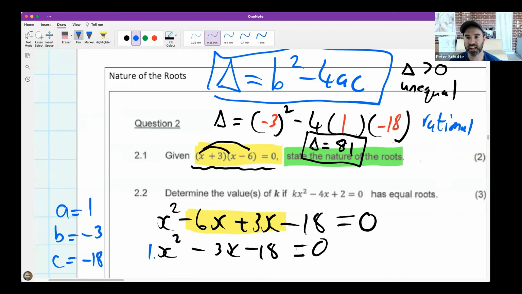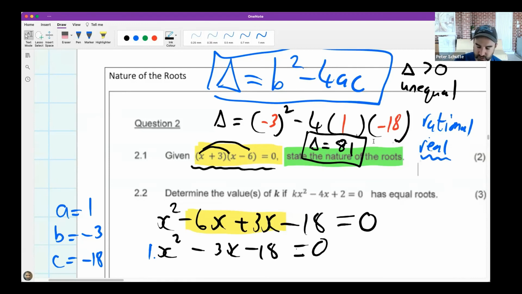As long as delta is a perfect square, the roots are going to be rational. And then the last one, so unequal and rational. That was actually only 2 marks, so we probably need to state 2 things. Otherwise, we can also say that if delta is greater than 0, the roots would be real, but I don't think that would be needed in this case.